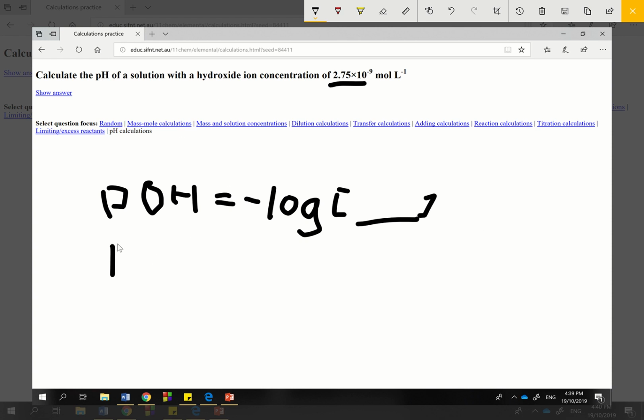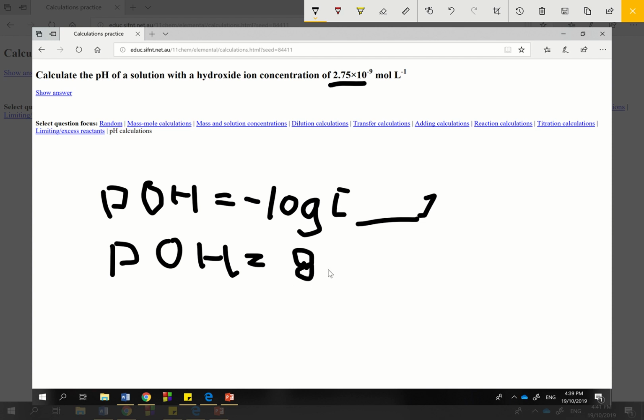And then we will get the pOH scale instead of the pH scale. Okay. Negative log of 2.75 times 10 to the power of negative 1. Okay, we had it. It's 8.56.